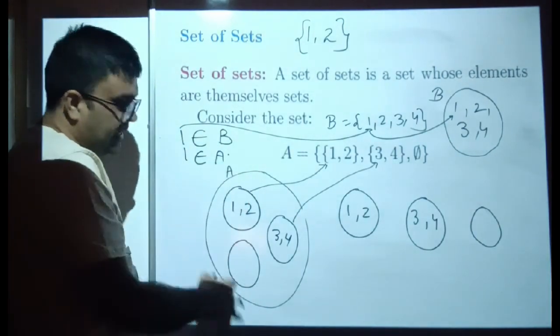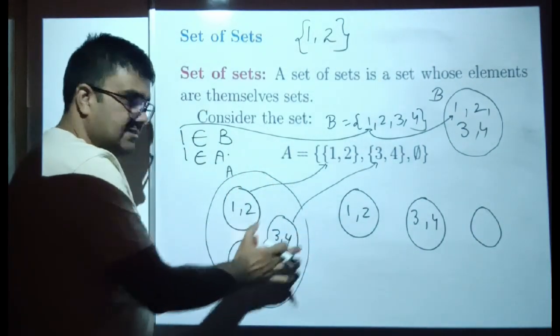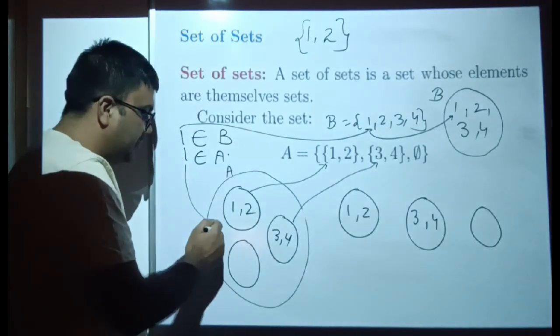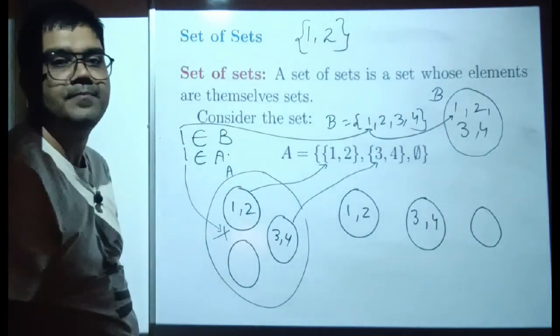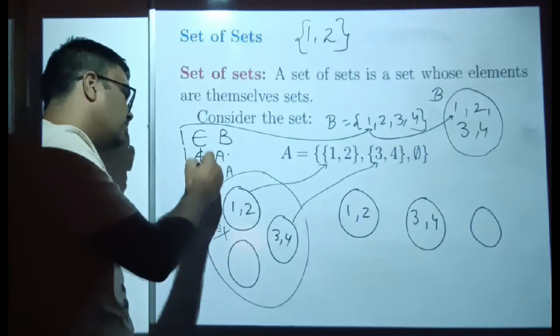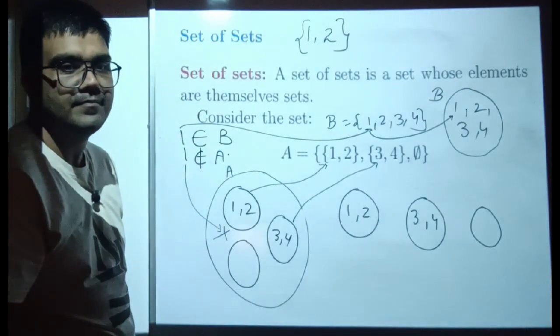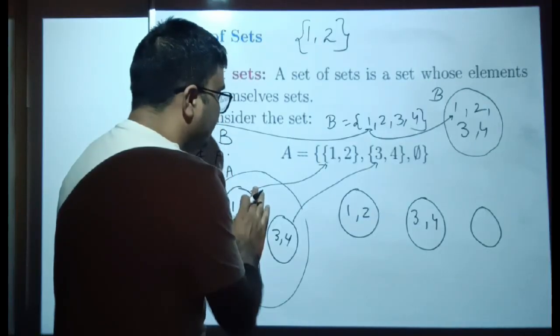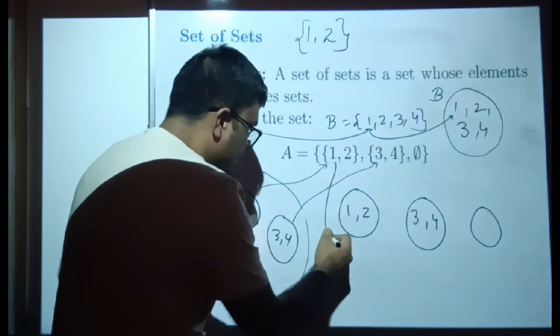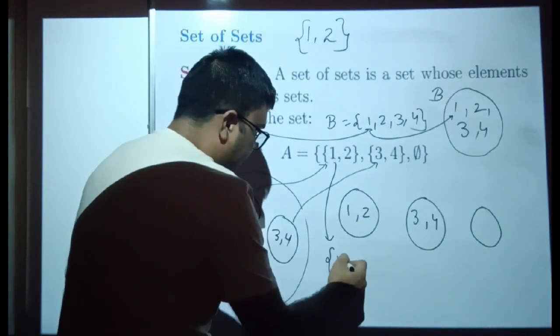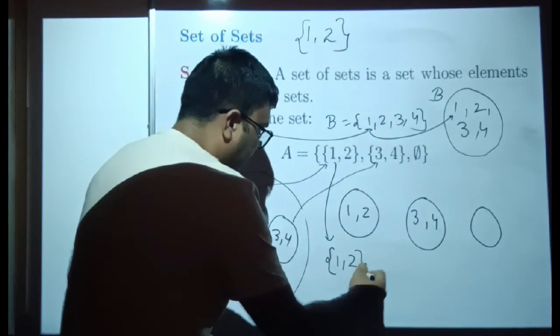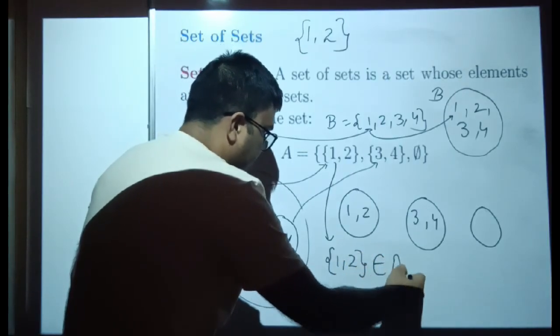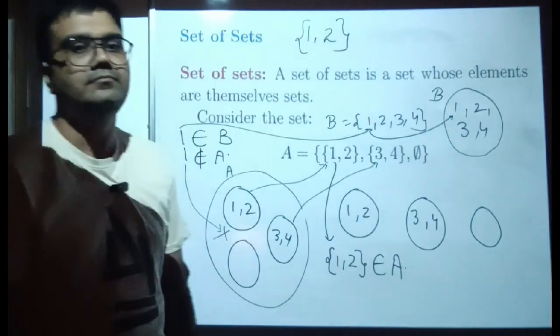In the set A, we have 3 sets. We have no element 1 over here. So we are saying 1 does not belong to A. What belongs to A is this complete set. So we say {1, 2} belongs to A.